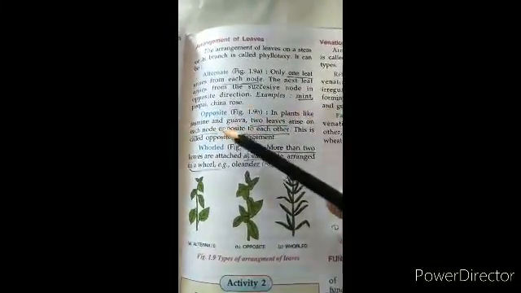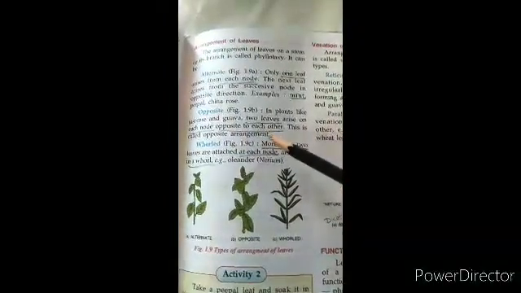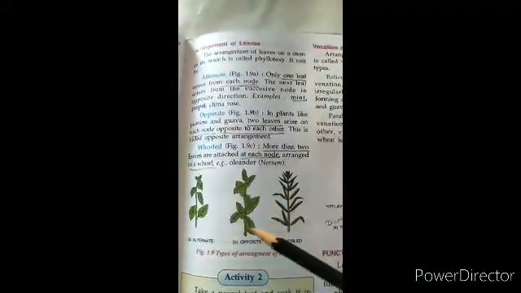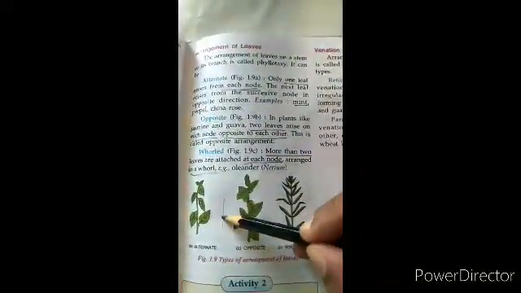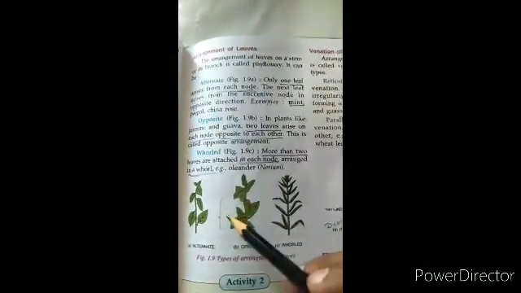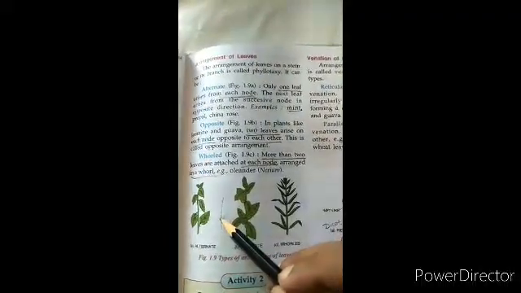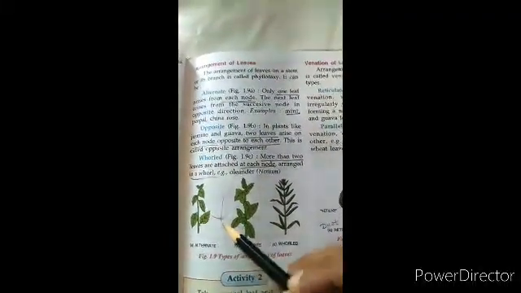In plants like jasmine and guava, two leaves arise on each node opposite to each other. If this is a branch and this is a node, we will find one leaf coming out here and another leaf coming out just opposite to it.